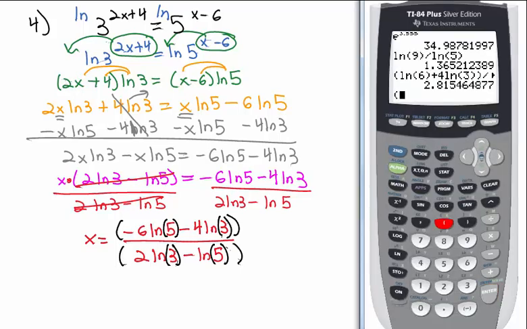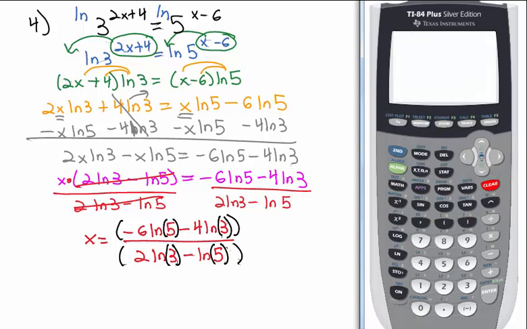So a parentheses for the numerator, negative 6 natural log of 5. Close the parentheses on the natural log, minus 4 natural log of 3. Close the parentheses for the log, close the parentheses for the numerator.